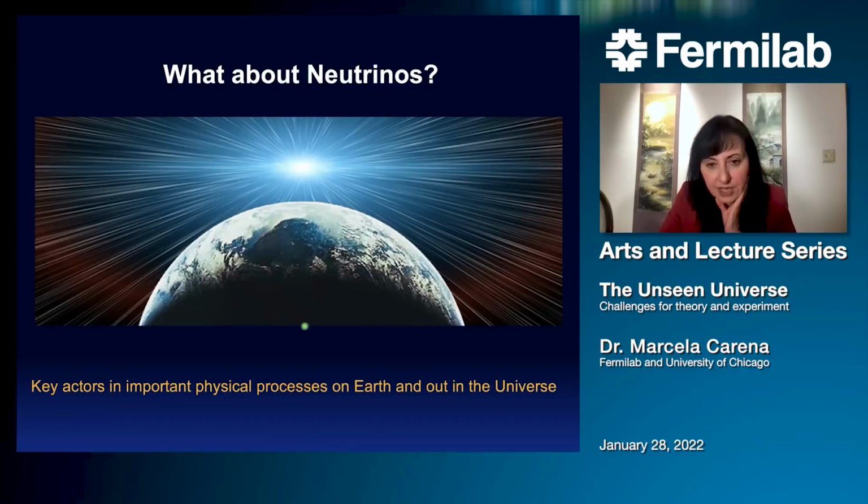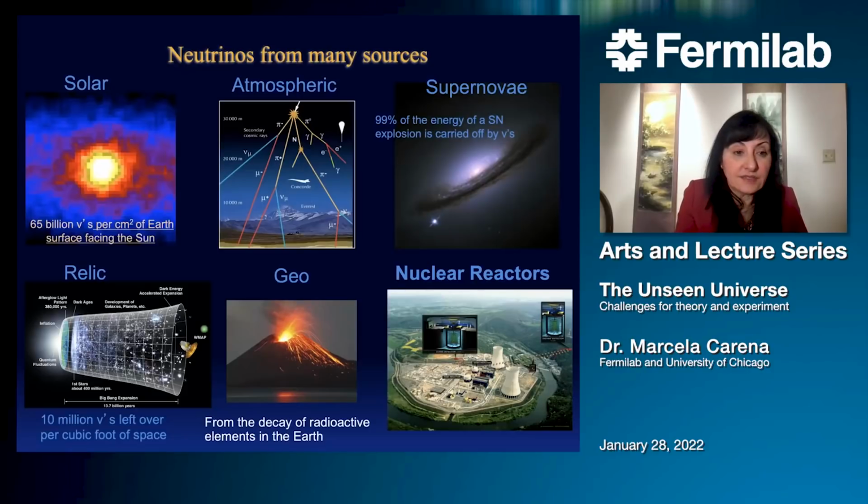In that case, muon-type neutrinos. They don't appear alone. So neutrinos come from many, many sources. The sun shines almost as brightly in neutrinos as it does in light, 65 billion neutrinos per square centimeter of Earth surface facing the sun.